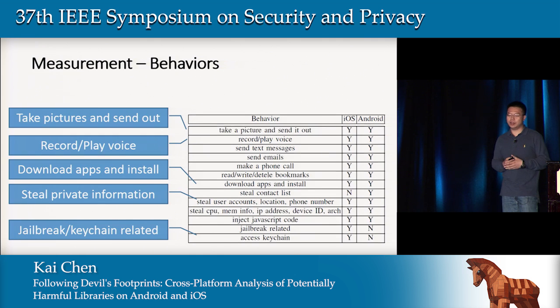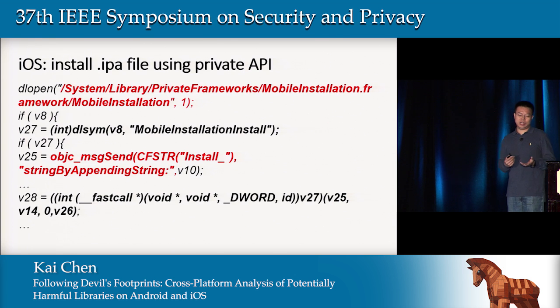So we want to look into the code and find what kind of behavior these potentially harmful apps have. First, they take pictures and send them out, or record and play voice, or download apps and install them, or steal private information such as the user's account, location, and some code related to jailbreak or keychain. Here's an example on the iOS side. It installs one IPA file.